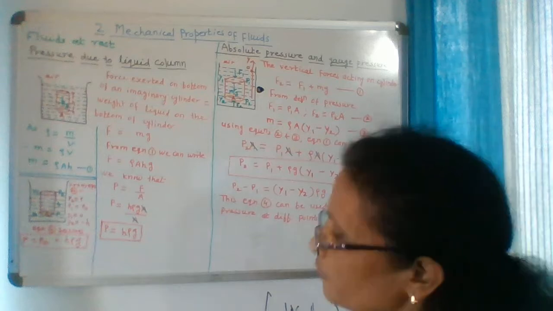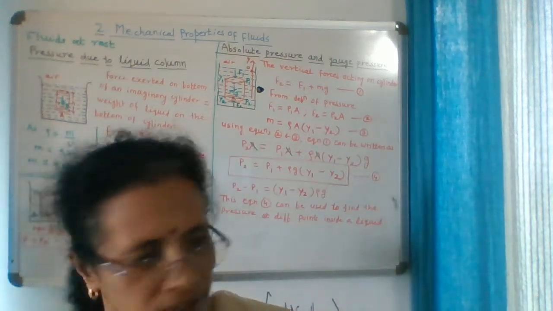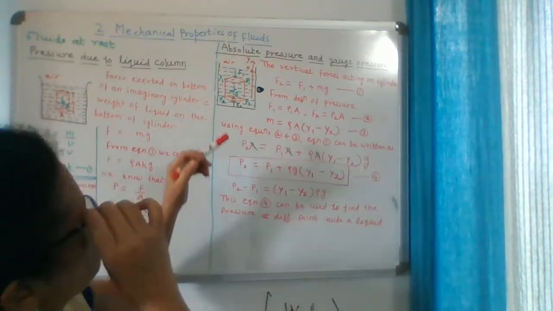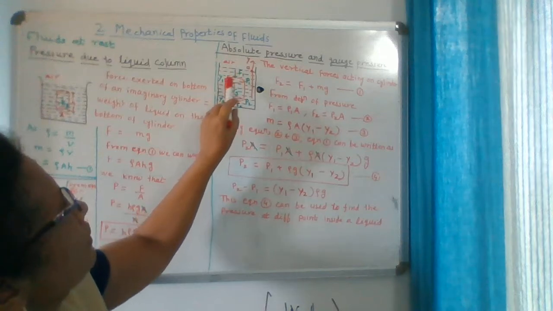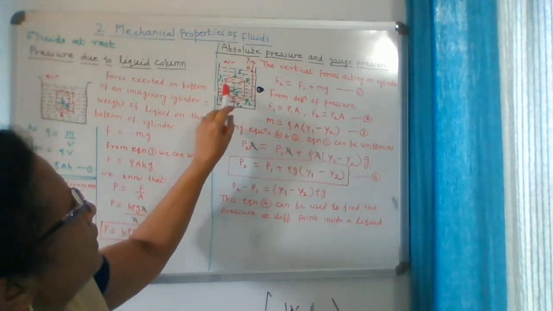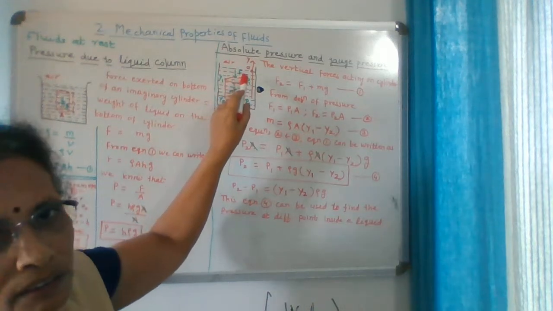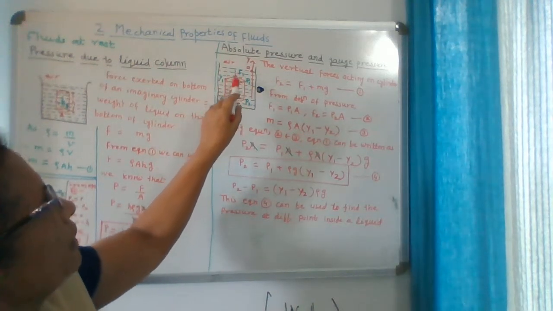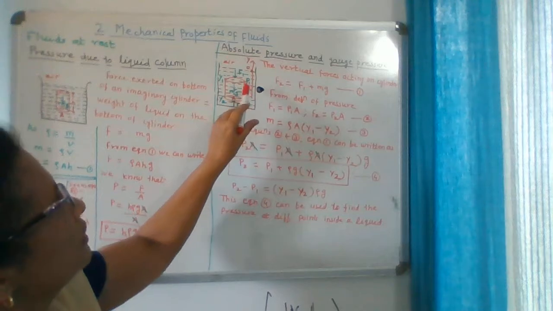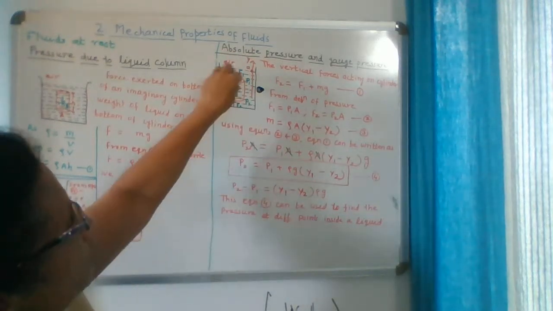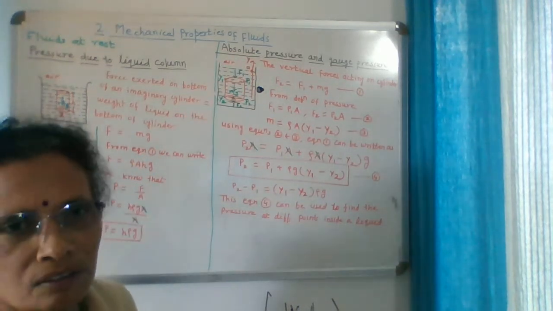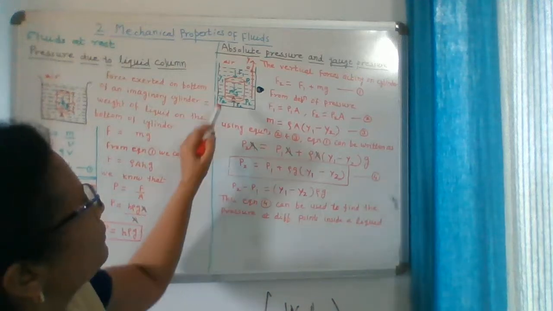Now we will consider the forces acting on this imaginary cylinder. One is the force acting on the top of the cylinder due to the liquid above the cylinder, which we represent by F1. So F1 is the force acting due to the liquid above the cross-sectional area of the cylinder.